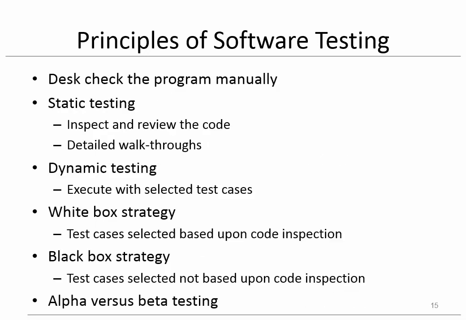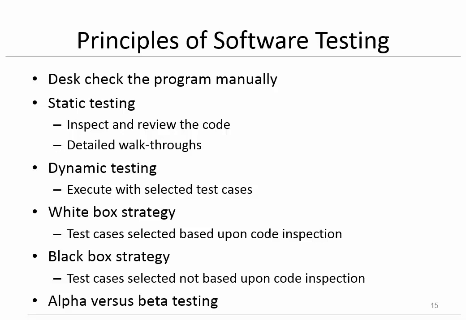Various procedures can be used to facilitate software testing. First, we can desk check the program manually. We go through the program manually, inspect the various statements, and see whether they are correct, yes or no. Static testing refers to testing a program not by executing it, but by inspecting and reviewing the code.